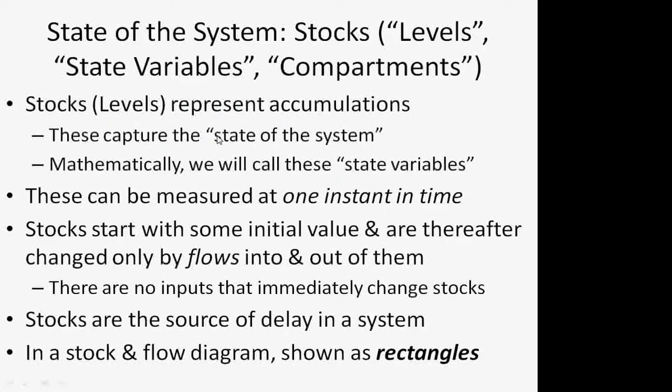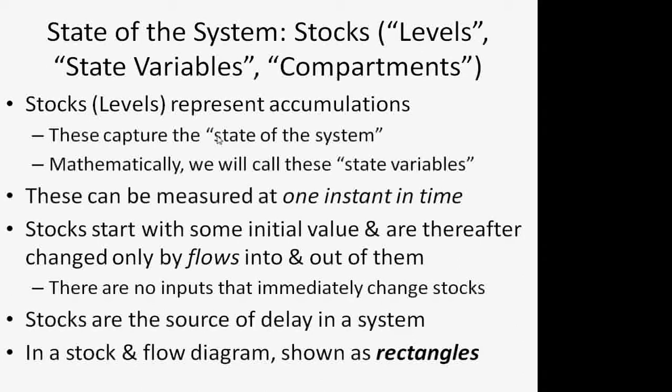Okay, so when we have these stocks and flows, we have these states, we have these stocks, which sometimes we'll use the word levels for them, or state variables, or compartments. You'll hear all those words out there. You'll hear people talk about compartment models, stocks and flow models. You hear them talk about levels in system dynamics discussions, or state variables in applied mathematics.